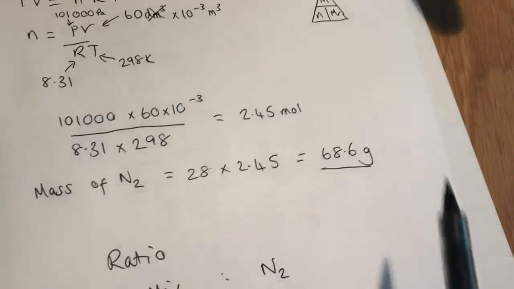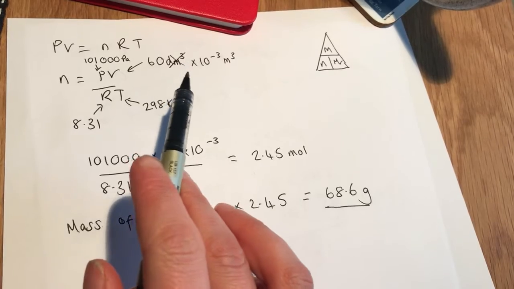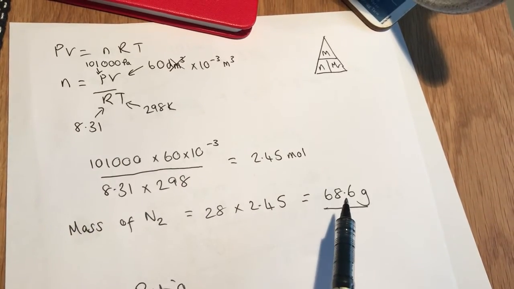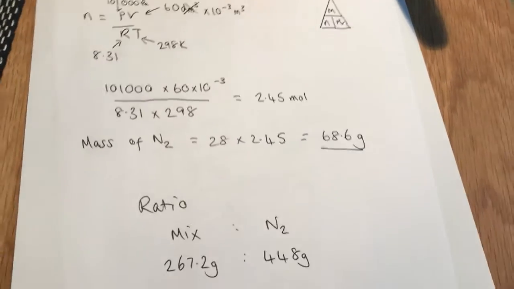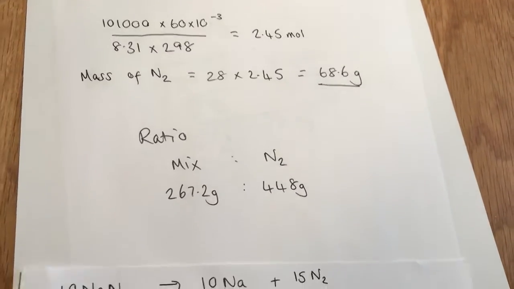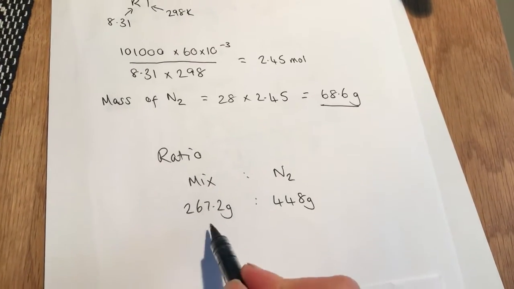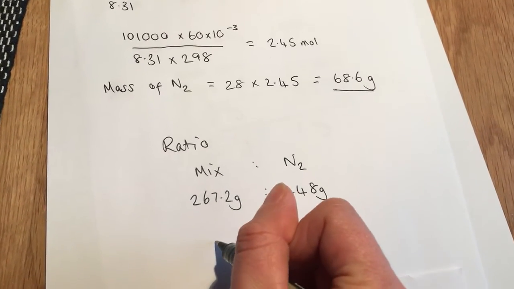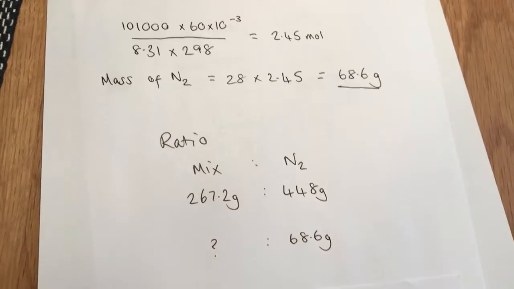We know from our earlier calculation that 60 dm³ of nitrogen is 68.6 grams of nitrogen. So the question is, what mass of mixture produces 68.6 grams of nitrogen?